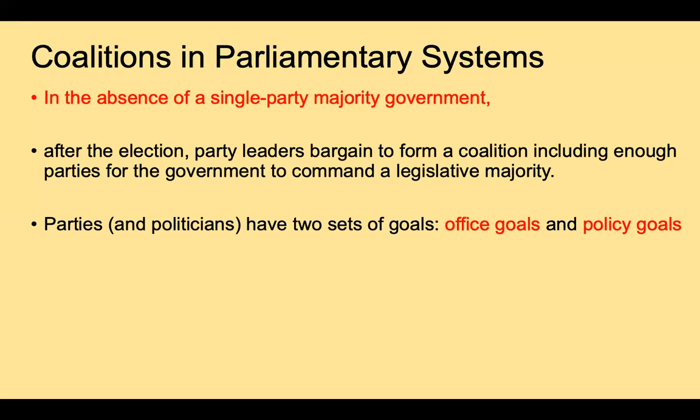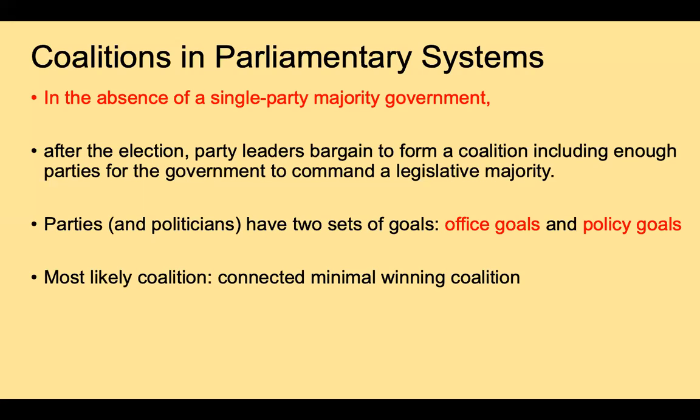Do they prioritize the fossil fuel industry? You know, what is it that they prioritize and that they have identified as a policy goal? If it's a European government and a right-wing government, maybe they've identified immigration as a policy goal, and so on and so forth. But in all circumstances, the most likely coalition is what we call a connected minimal winning coalition.